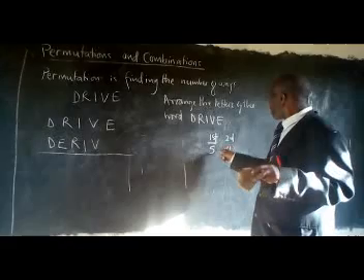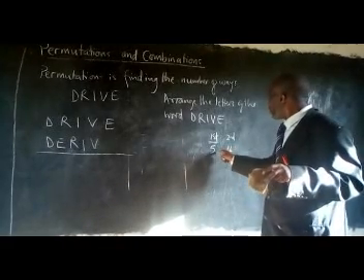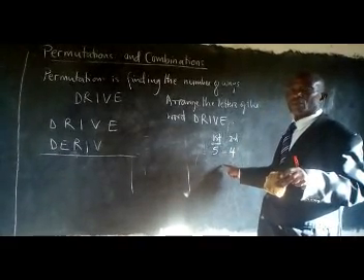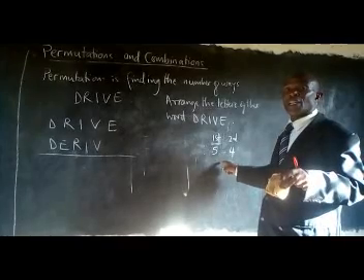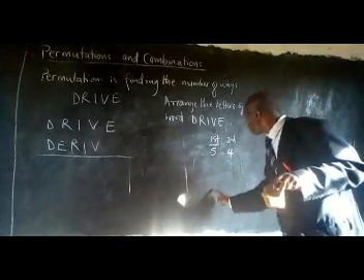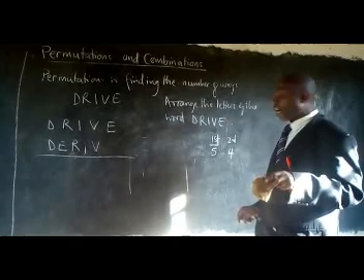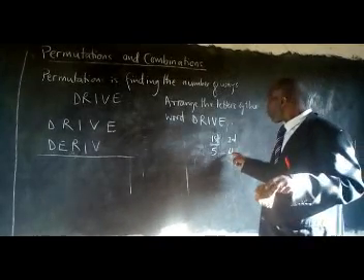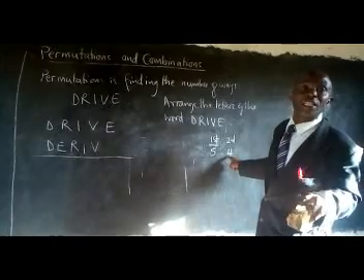But remember, they are from each of the 5. The language here should be used carefully, because these are 5 possibilities, and on each of the 5 possibilities, we have 4 possibilities of choosing the second.